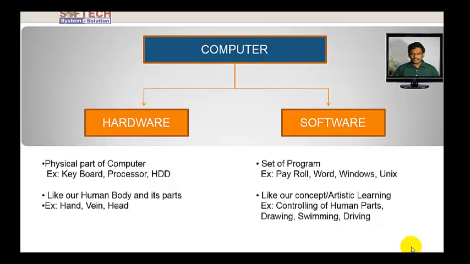Then after the software coordinates, controls and manages them, the computer is functioning. Only then do we apply the computer to do a specific application like typing, that is documentation by using MS Word. We can prepare a salary bill by using payroll. These are all kinds of application software.